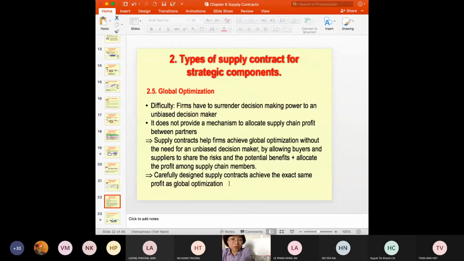Another disadvantage is that it doesn't provide a mechanism to allocate the supply chain profits between the partners. It means we want to allow the buyer and supplier to share the risk and the potential benefits, and also allocate the profits among supply chain members.